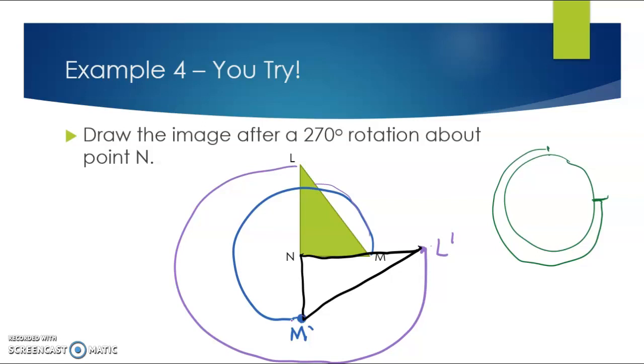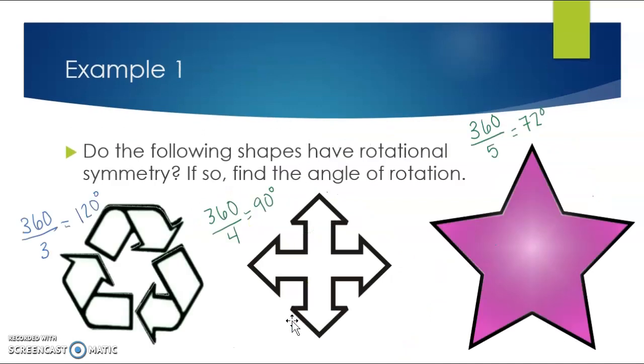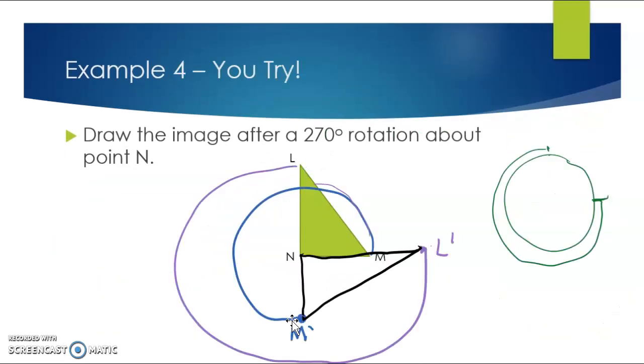But the good news is, if you have questions, I am available to help. So check out Google Classroom to see what your assignment is. Some problems will be like this, where you're telling me, is there rotational symmetry? And if so, find the angle of rotation. And some of them will look more like these, where you're having to use Google Drawings to rotate an image around a certain point.